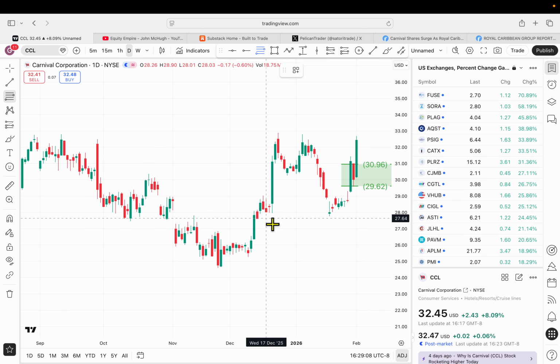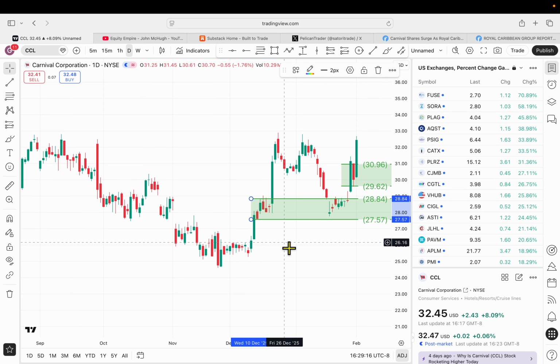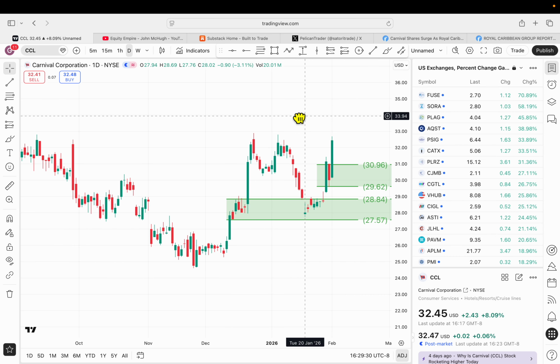There's another support level right down here that we've already bounced off of. And that's in the 28.84 to 27.57 price range. Now there's also one down in the 25 to 26 price range that I'll leave for a future time. Okay? So two potential bounce trade support levels.